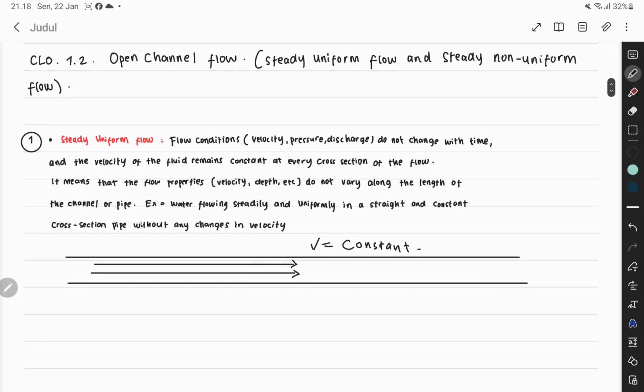In steady uniform flow, the energy line, the water surface, and the channel bottom are all parallel. That is, their slopes are all equal.